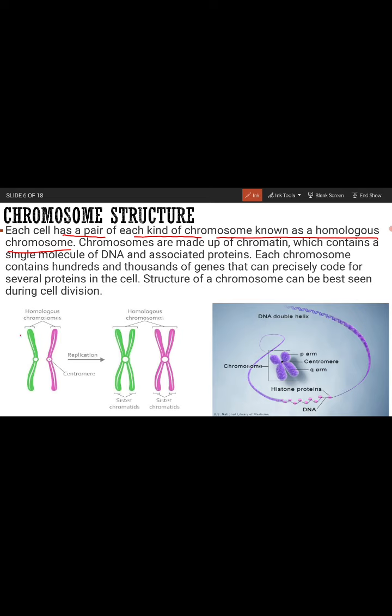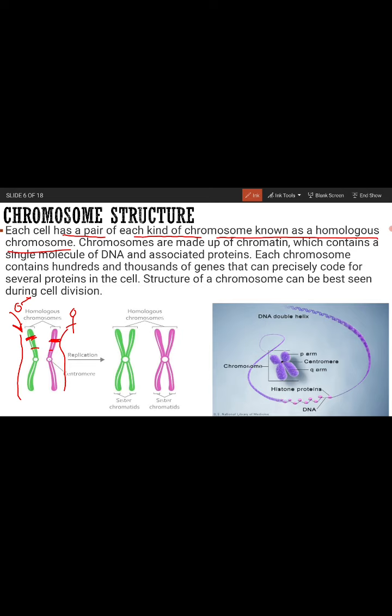You can see this is one chromosome and its homologous chromosome is right here. These are similar chromosomes containing the alleles of the same gene. For example, if this comes from the father and this comes from the mother, and the father has black eyes and the mother has blue eyes, the eye gene will be in both chromosomes.